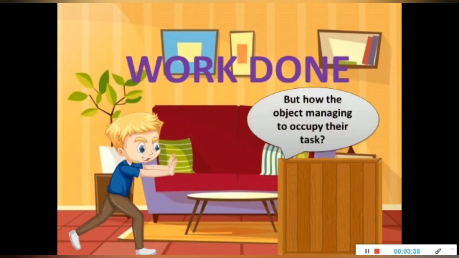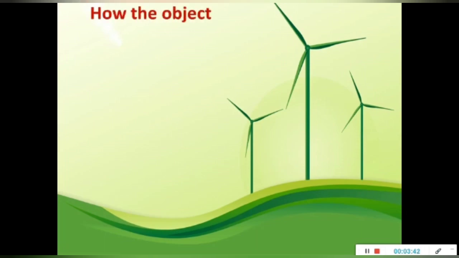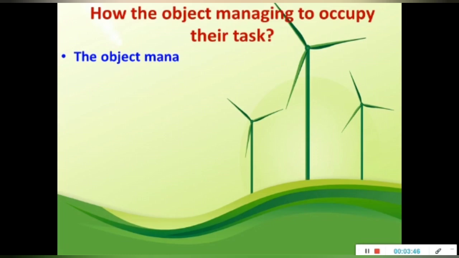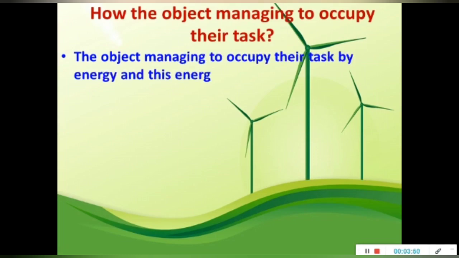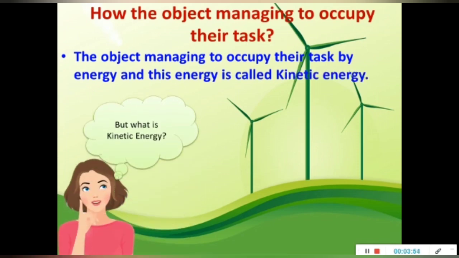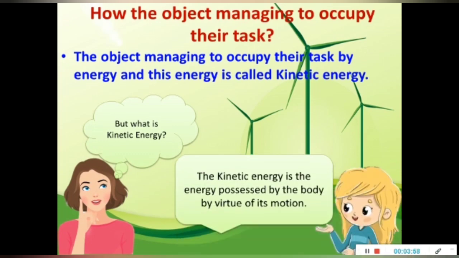But how is the object managing to accomplish that task? Now let's see the answer to this question. The object manages to accomplish that task by energy, and this energy is called kinetic energy. But what is kinetic energy? Kinetic energy is the energy possessed by a body by virtue of its motion.